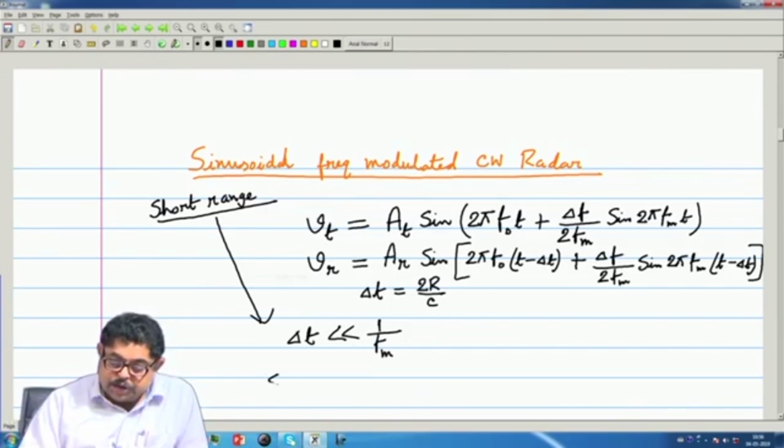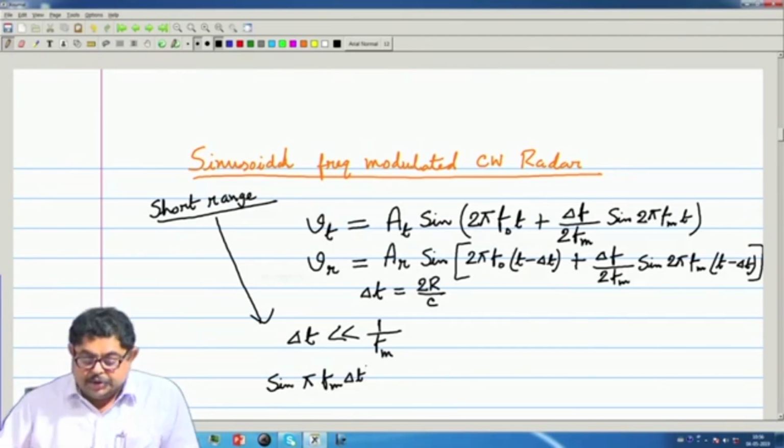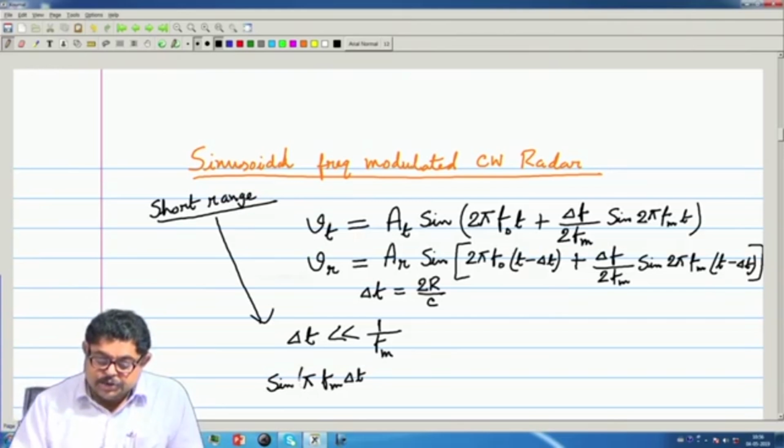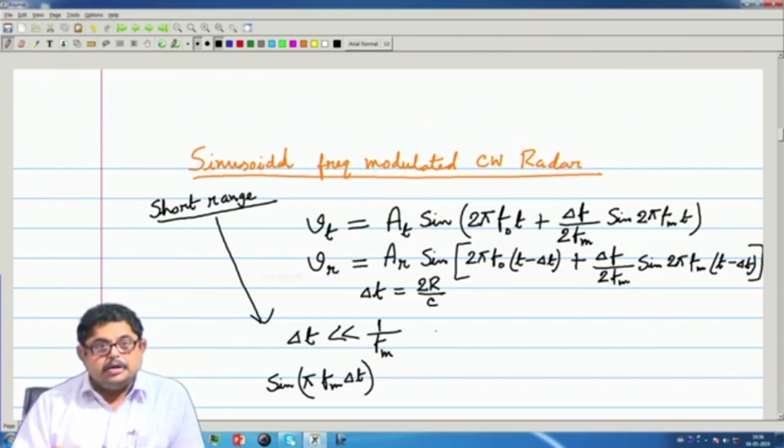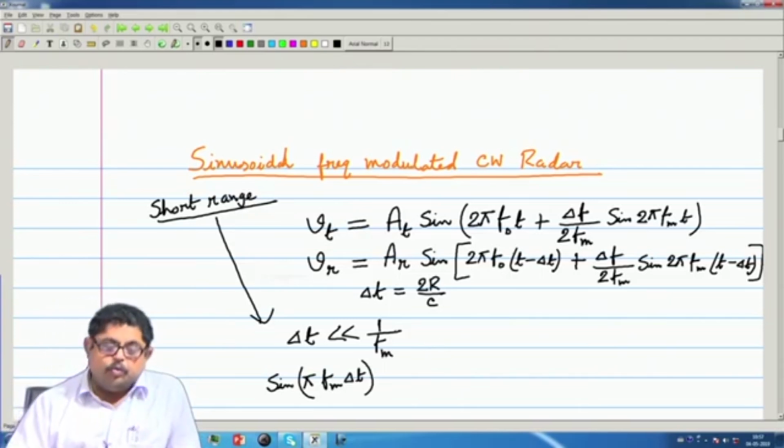So, for sine of pi f_m delta t, pi f_m delta t is much smaller than 1.